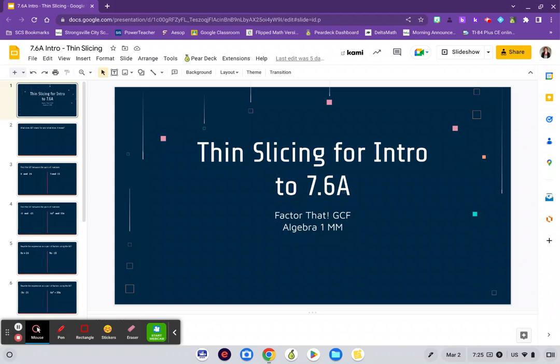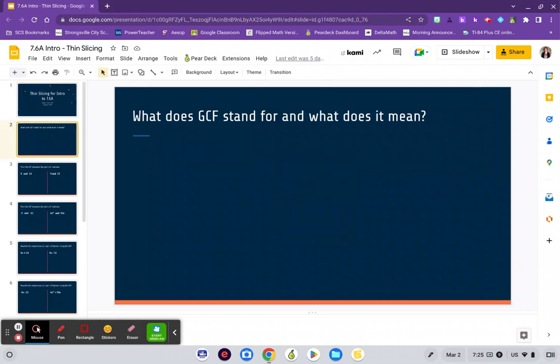And so my next little slide here should say, what does GCF stand for and what does it mean? So GCF stands for greatest common factor. And this is something that I know you've talked about in your past math life, factor. And I think what we have to talk about first is what is a factor?